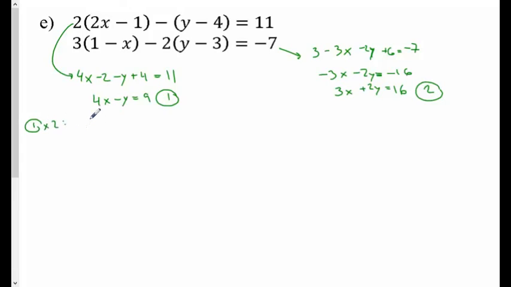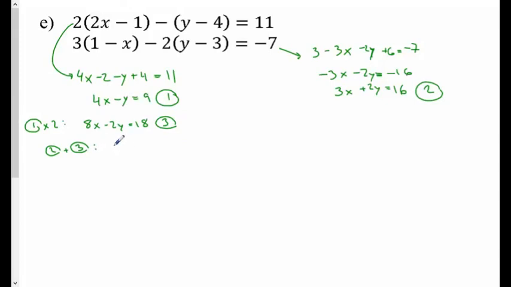So that gives me 8x minus 2y equals 18. So now I have two equations that have 2y or negative 2y in them. Since they are opposite signs, I'm going to add the two equations. Let's call this equation I just came up with equation 3, and let's add equation 2 and 3 together.